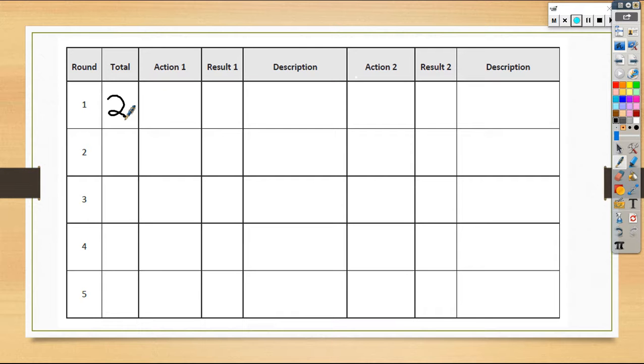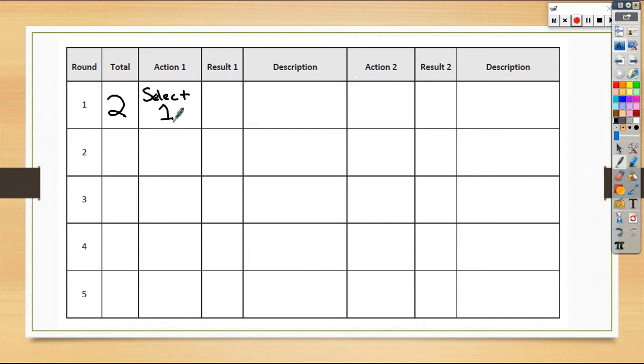Okay, action 1, I'm looking at my set of discards. I'm just going to pick the top one. I'm going to select an ace, a 1. I was wondering what I was supposed to put for description.